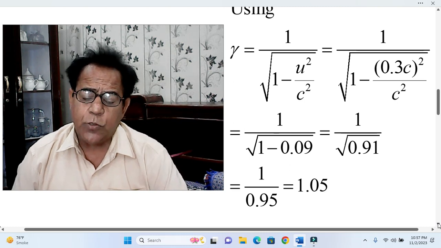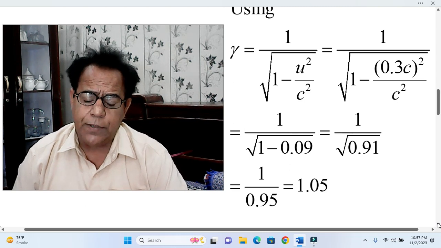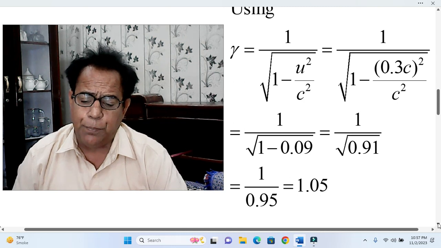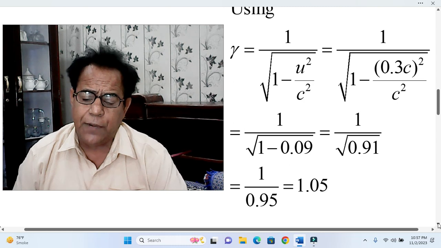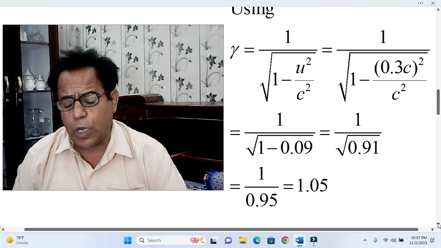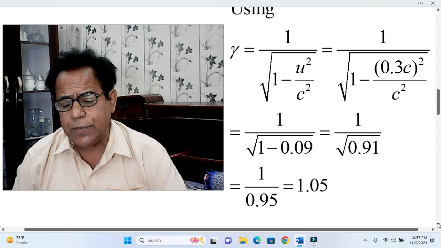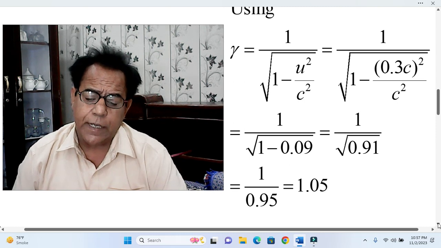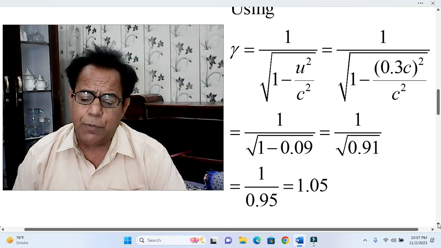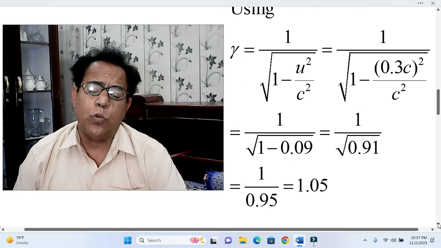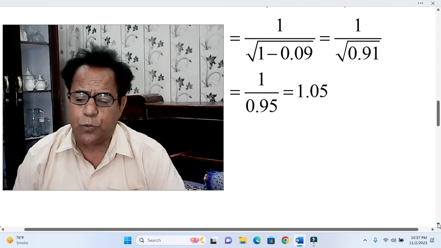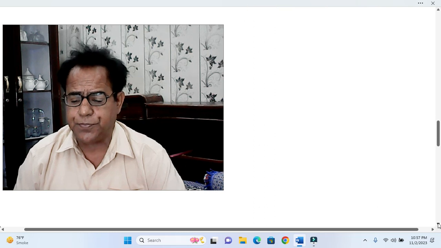When 0.09 is subtracted from 1, it becomes 0.91. When the square root of 0.91 is taken, it becomes 0.95. And when 1 is divided by 0.95, it becomes 1.05. So our Lorentz factor gamma has become equal to 1.05.